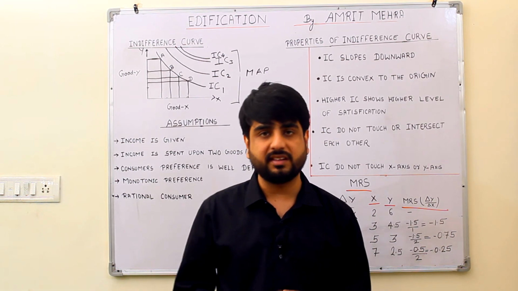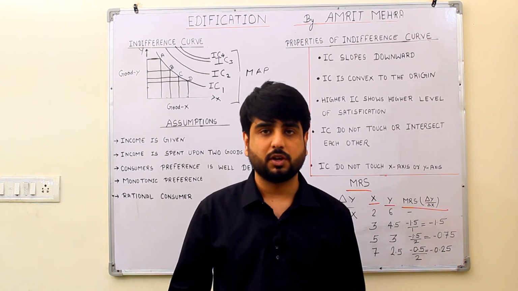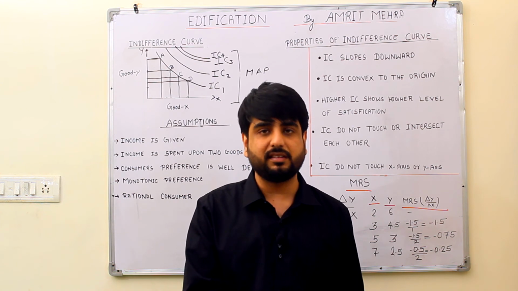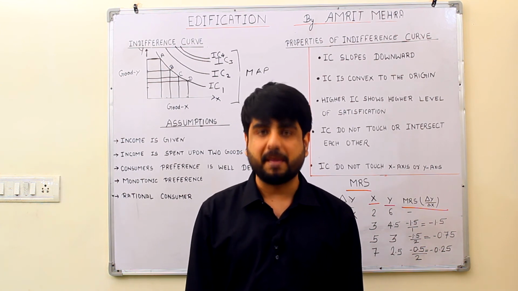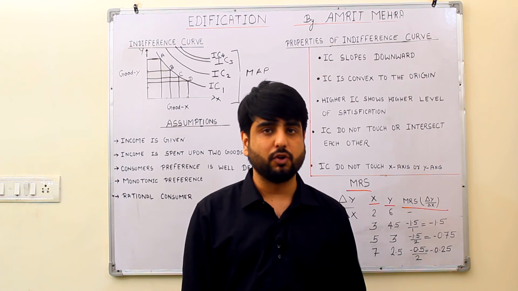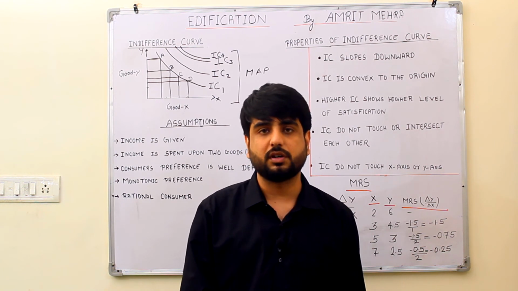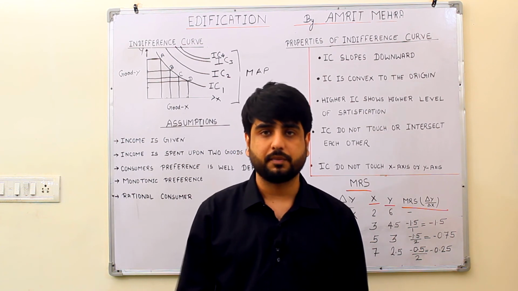I'll again help you revise it. PPC was concave, IC is convex, PPC's slope was found by MRT, IC's slope is found by MRS, PPC was for the producer, IC is for the consumer.